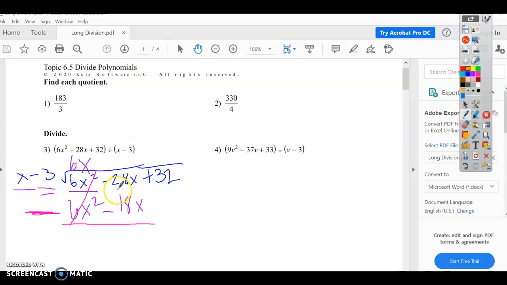And then right here, I have negative 28x minus negative 18x. This negative and negative makes that a positive. So negative 28x plus 18x is negative 10x.